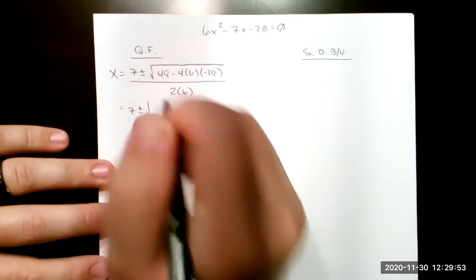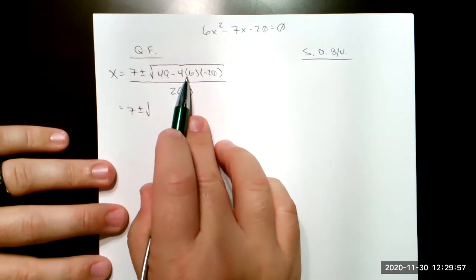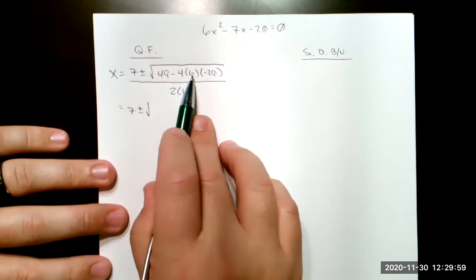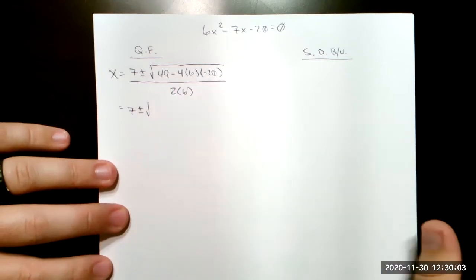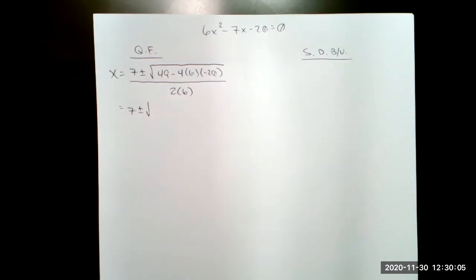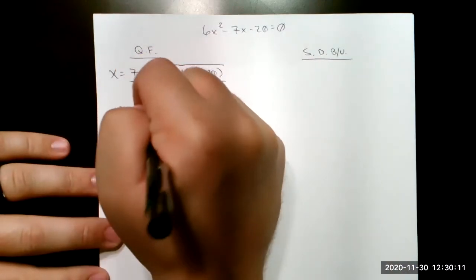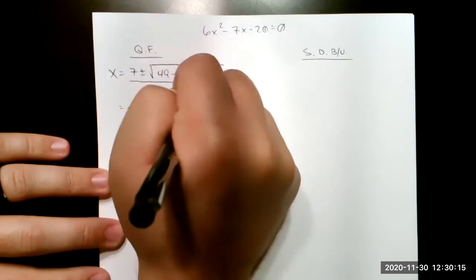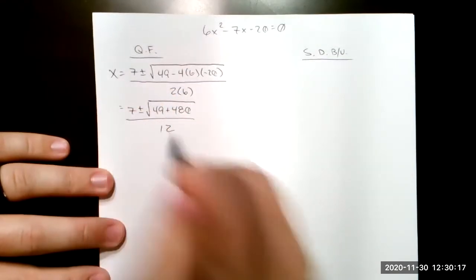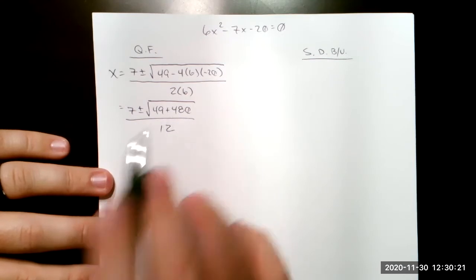So I'm going to keep going here. 7 plus or minus the square root. -4 times 6 is -24. I looked at this and then said it. -24 times -20, that's going to give me 480. 49 plus 480, divided by 12. 49 plus 480, that is 529.